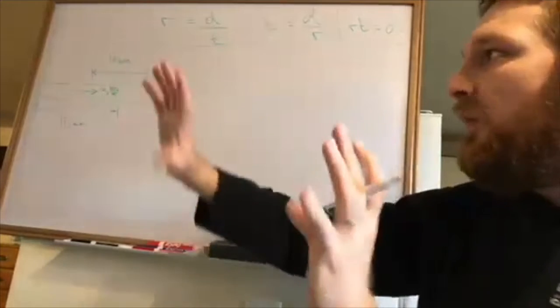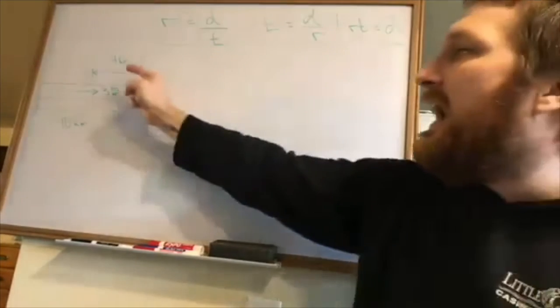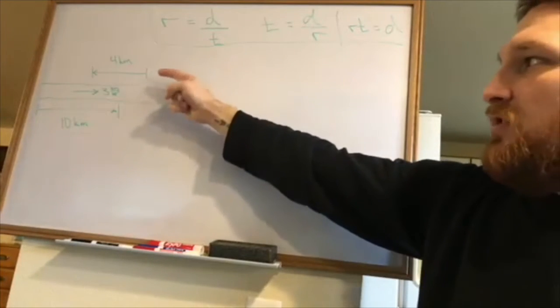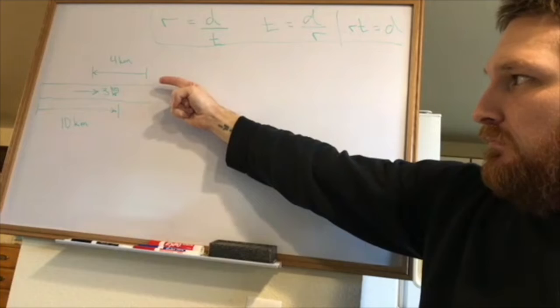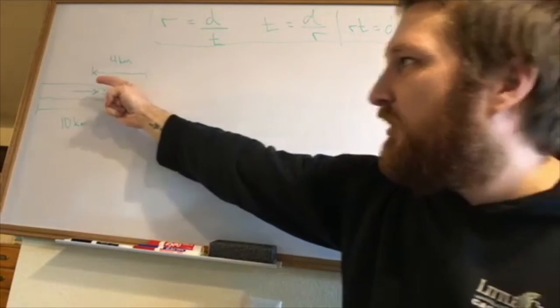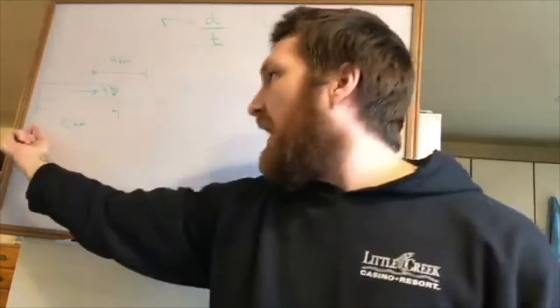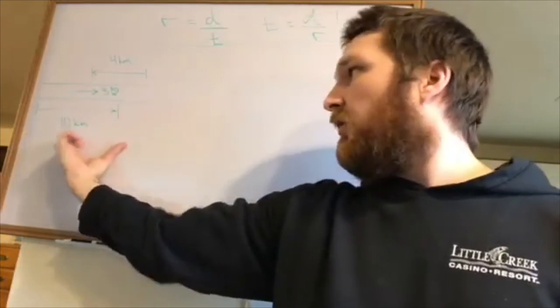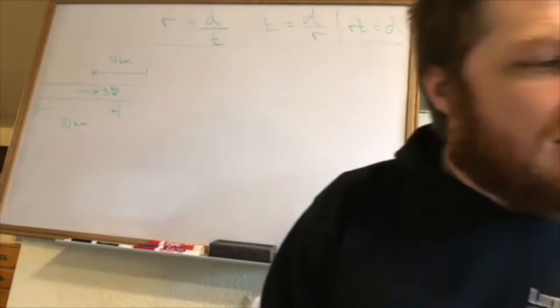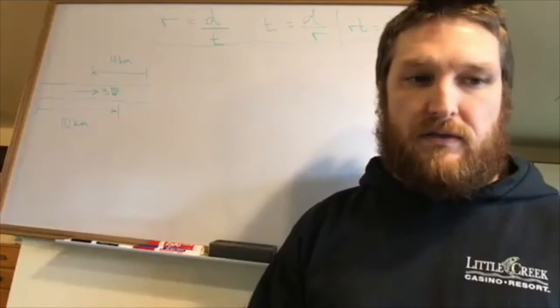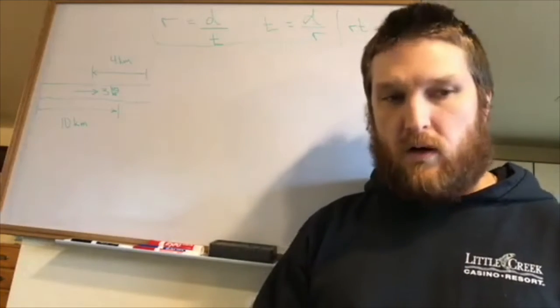Just kind of looking at what they've given me here. If my boat is traveling at a given speed, like if I'm going against the current, I should go a smaller distance than when I'm going with the current. Okay, that's what it tells me. Now it says, what is the speed of the boat in still water?